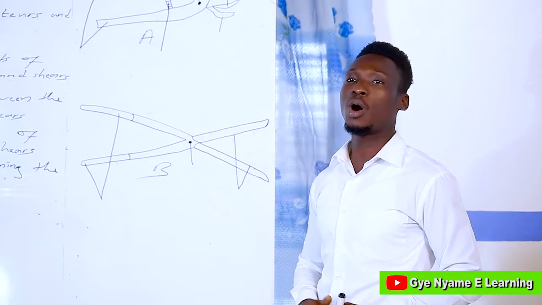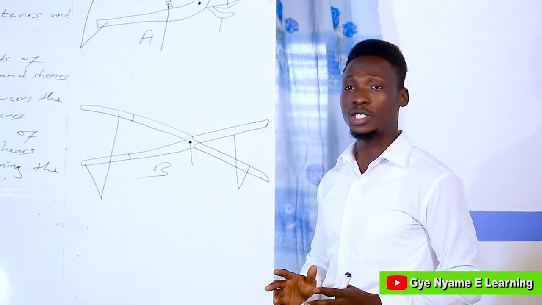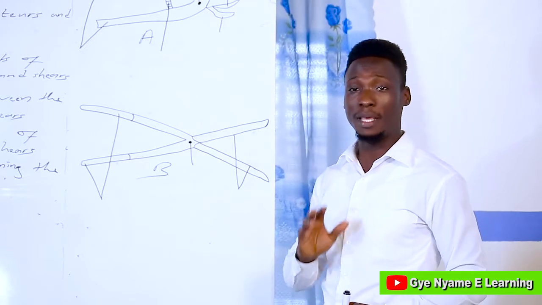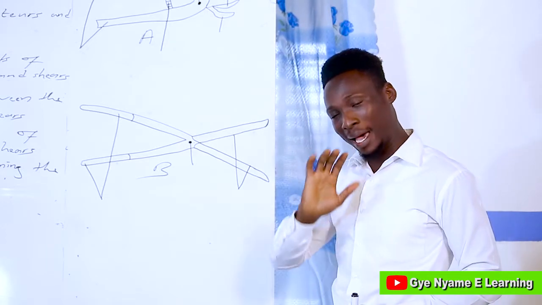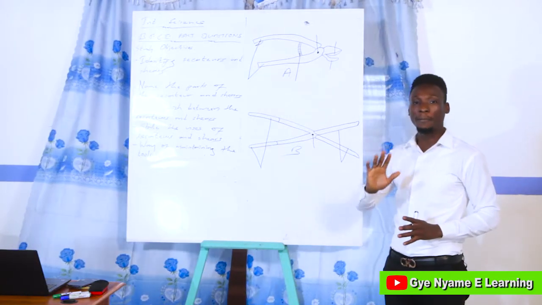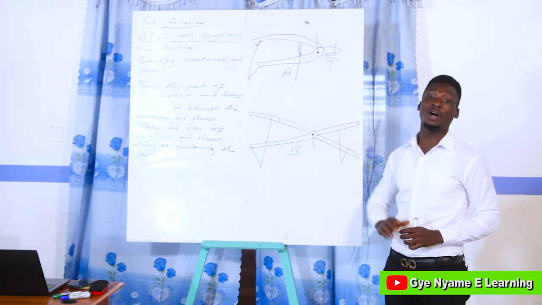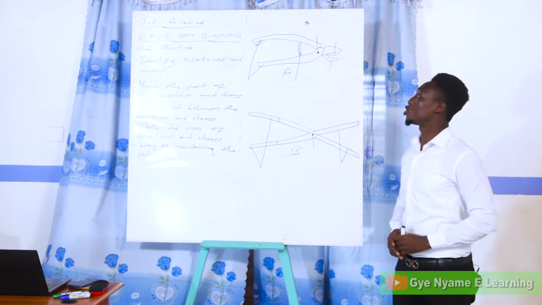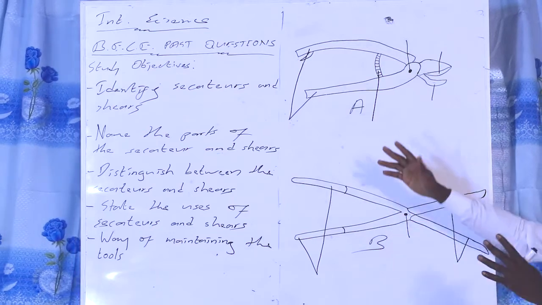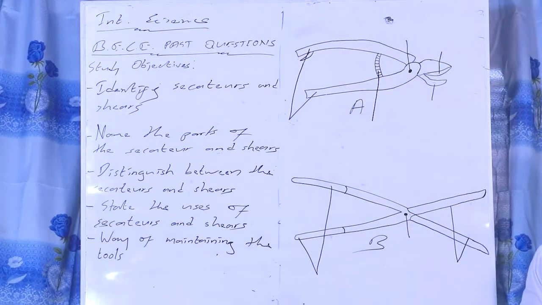Then you pay attention to the length of the blade and the number of the blades. So you pay attention to the number of the blades, the length of the blade, and the presence of a spring.